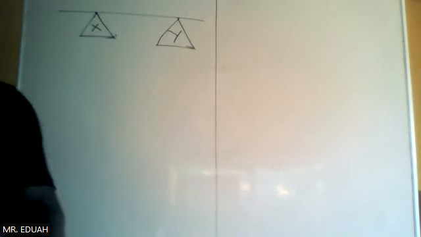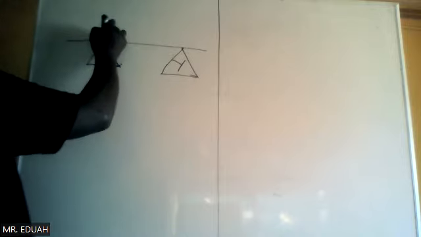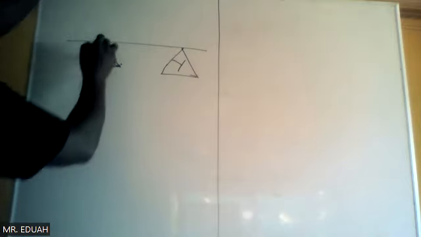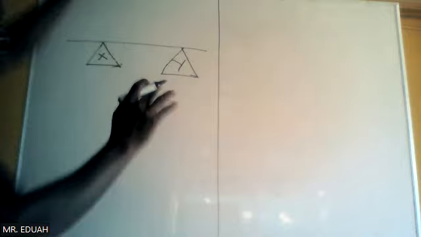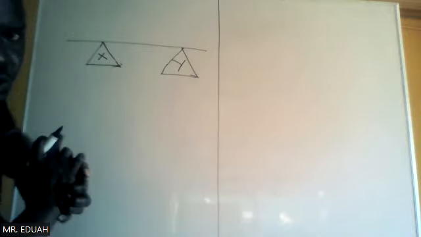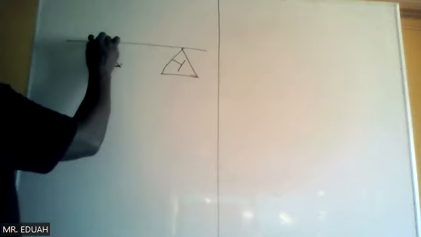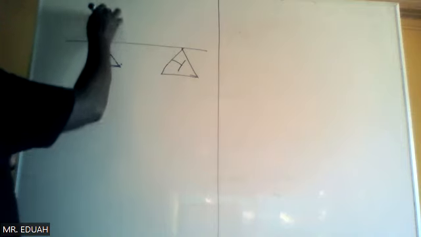Now, each of the supports or pivots would produce a reaction. The reason is that when the weight rests on the pivots, there should be a force perpendicular to it to press the two together so that it will not easily be displaced from the pivot. So each pivot will produce that normal reaction which presses the bar onto it.